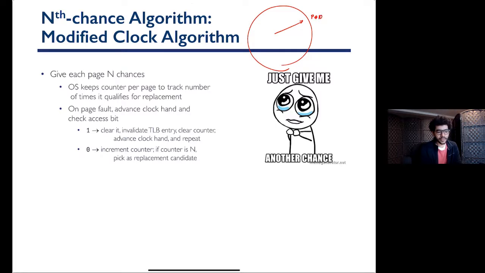And let's say that the valid bit is 0. Actually, let's assume that I need the next one, because the clock is moving every time I have a page fault. Okay, so now let's say this is the setting, and let's say this variable that I defined is right now 5.